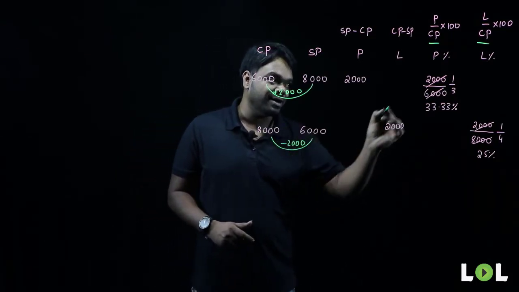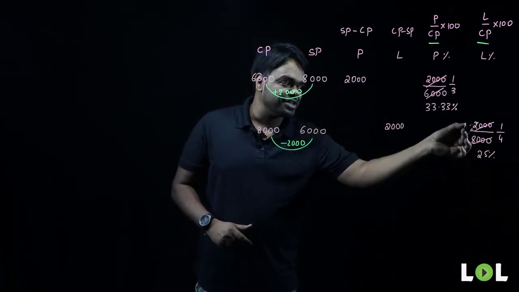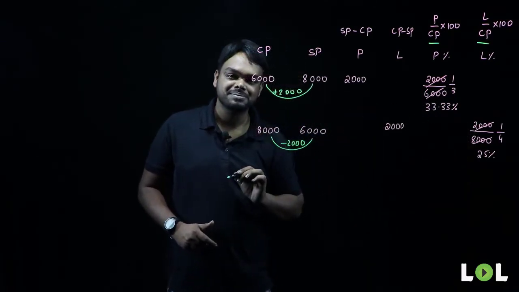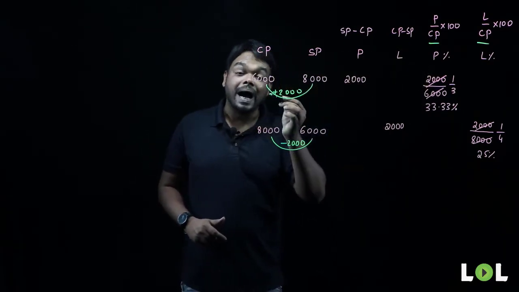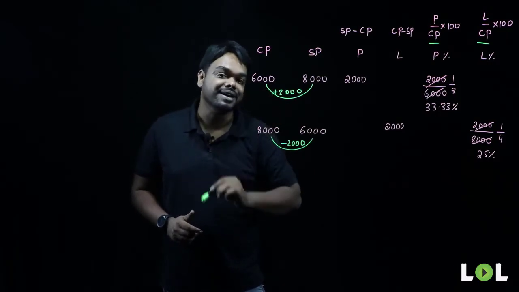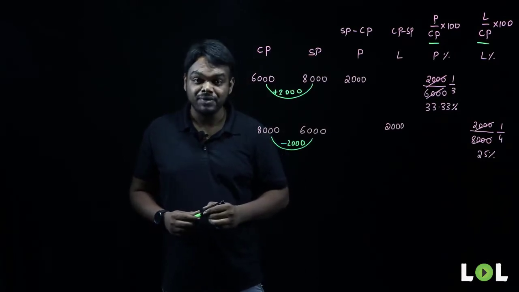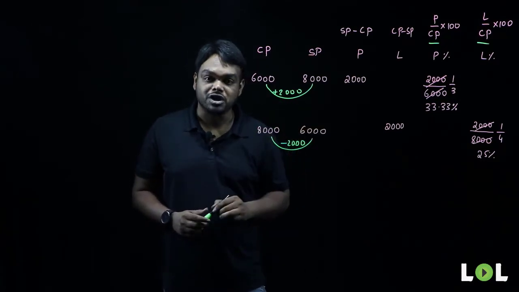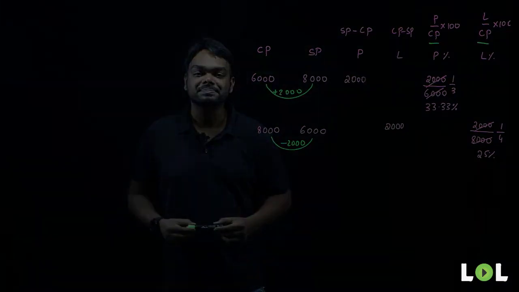Now, if you observe, it is change divided by original value. So profit percent and loss percent are absolutely the same as percentage change, which we have learned in percentages. We just have different names for them. One makes profit and one makes loss, but basically both are percentage change.